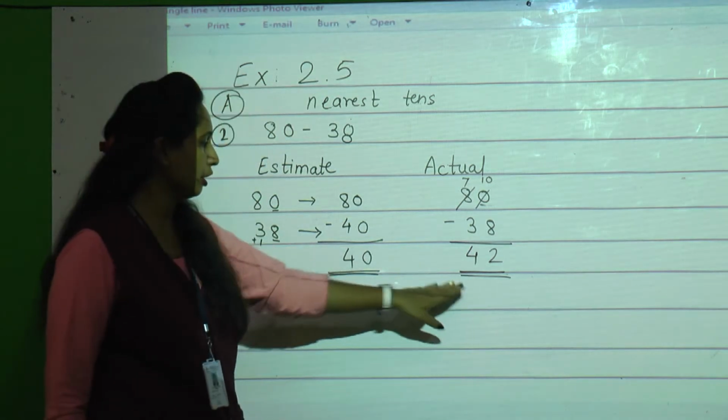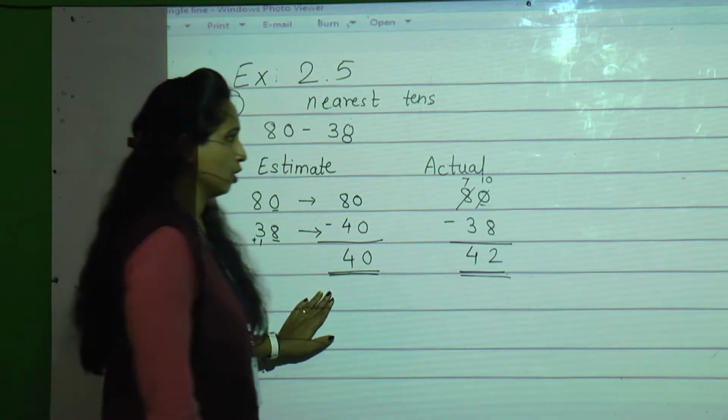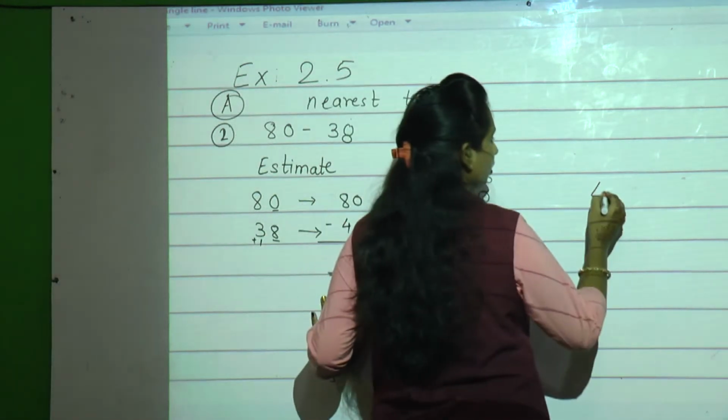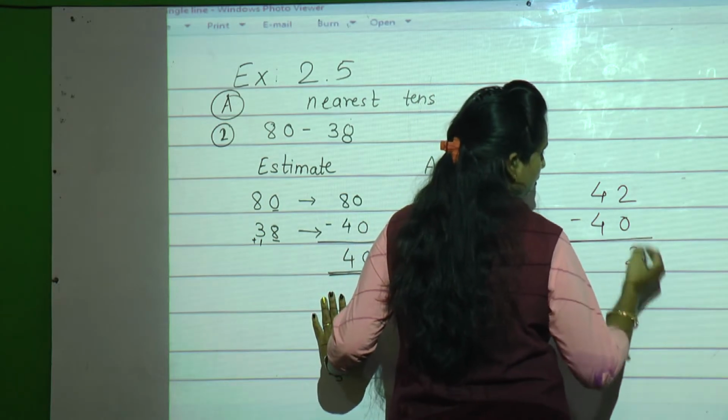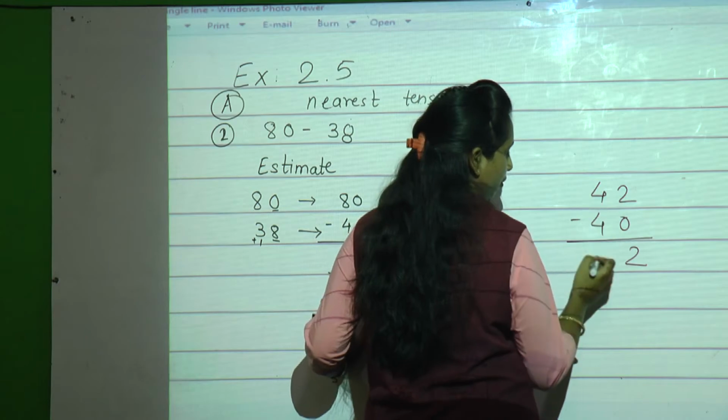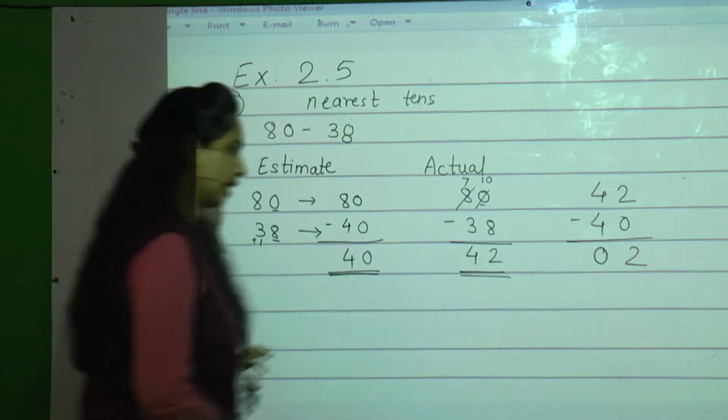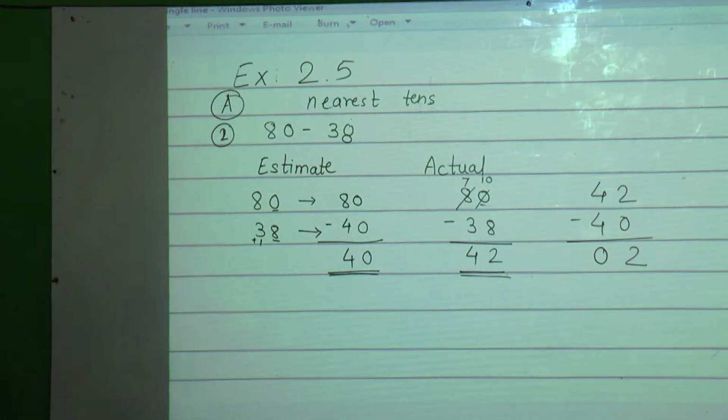Now here is 42 and here is 40. So what will we do? 42 minus 40. 2 minus 0 is 2, 4 minus 4 is 0. So how can we write here? Yes, tell me how we can write.